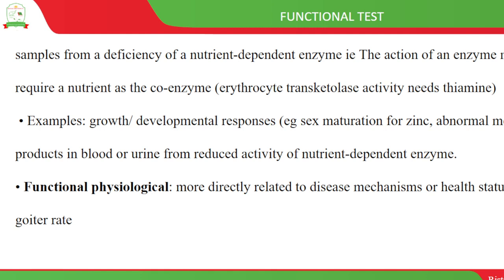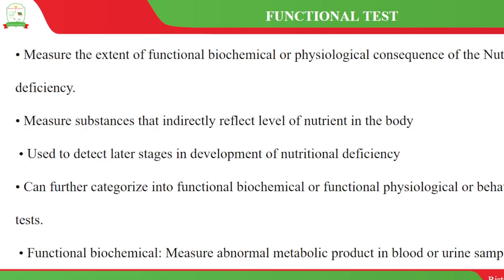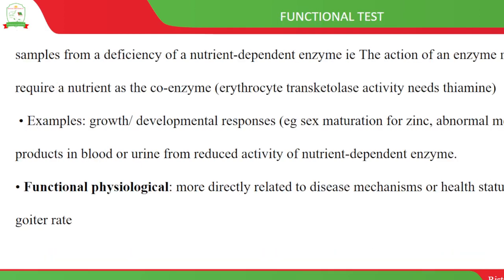The example here is growth or developmental responses, especially sex maturation for zinc, and abnormal metabolic products in blood or urine from reduced activity of nutrient-dependent enzymes. So if your body cannot metabolize glucose, then the levels would obviously be high. Those are some of the kinds of functional biochemical tests.